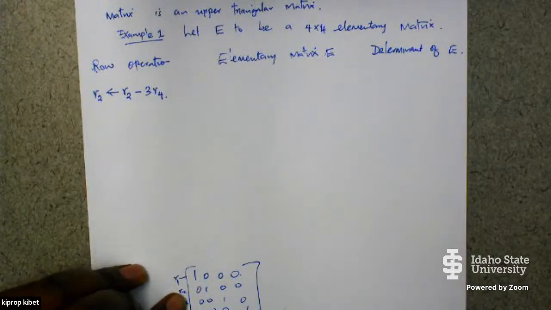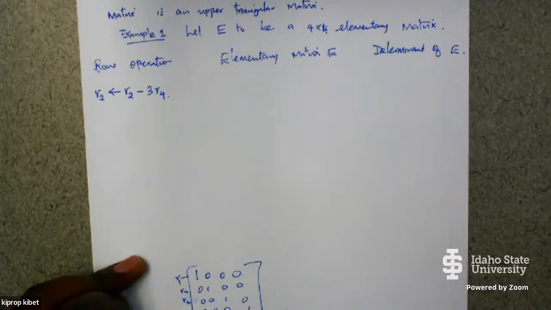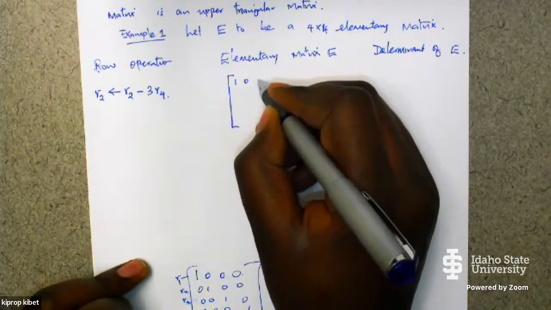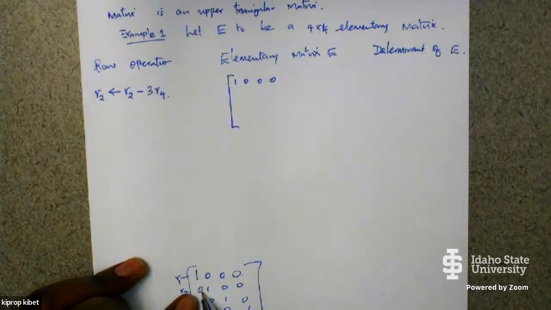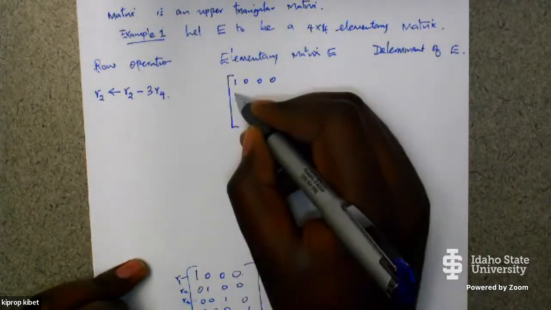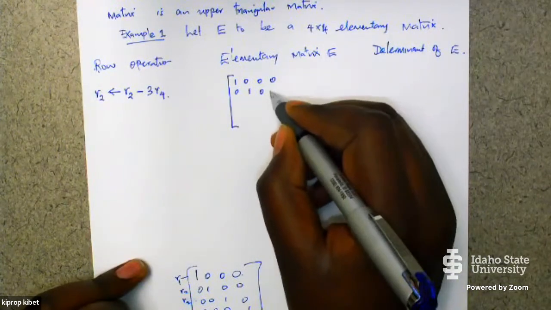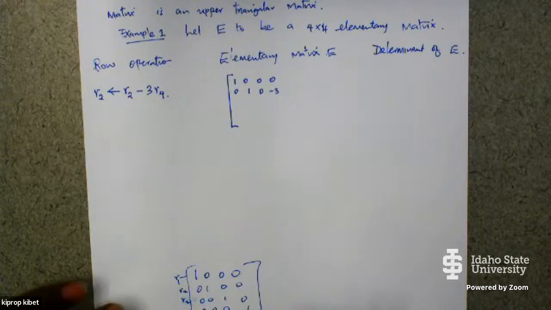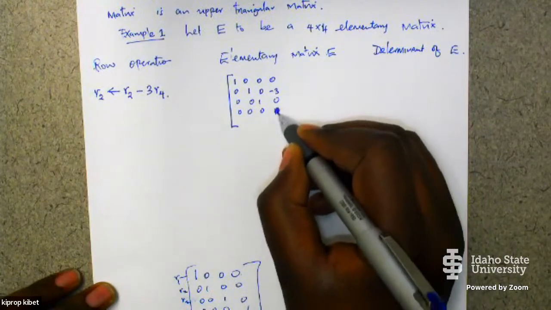So the first row will not change. The new R2 will be 0, 1, 0, and then minus 3, since the R4 entry here is 1. The other rows remain the same.